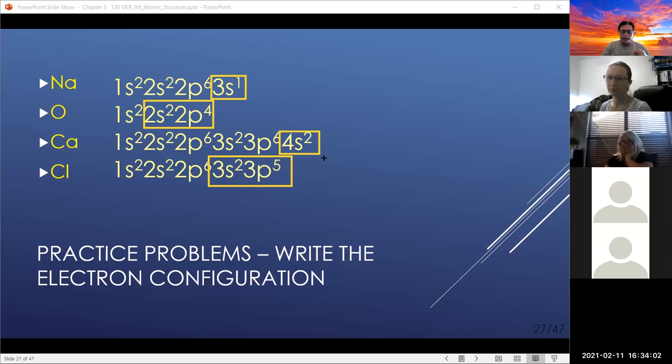Now, a couple of things I hope you can pick up from here. If you look at sodium, it's got 1 lonely electron sitting out there. Now, it has a choice here. It can fill the S, the P, and the D. The D can handle 10, the P can handle 6, so I need 17 more electrons to fill up that third energy level of sodium.